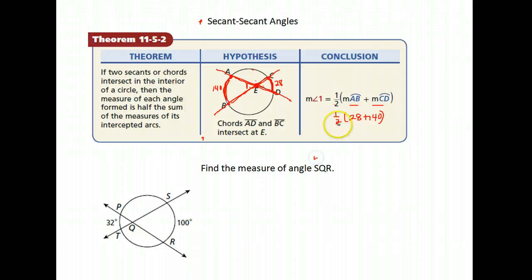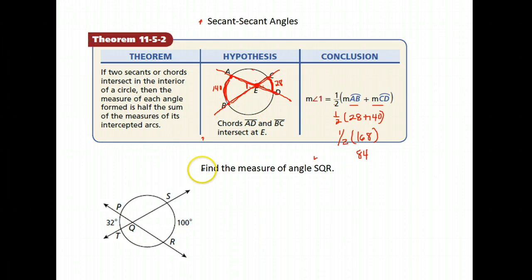So half of 168, or 84. Okay, and again, this comes from the fact that two arcs are created if your vertex is not on the circle. So we have to take them both into account.